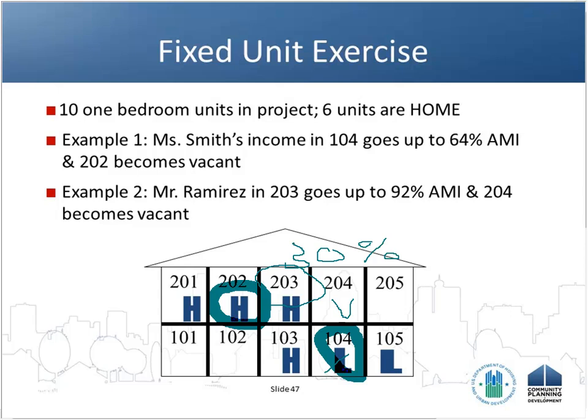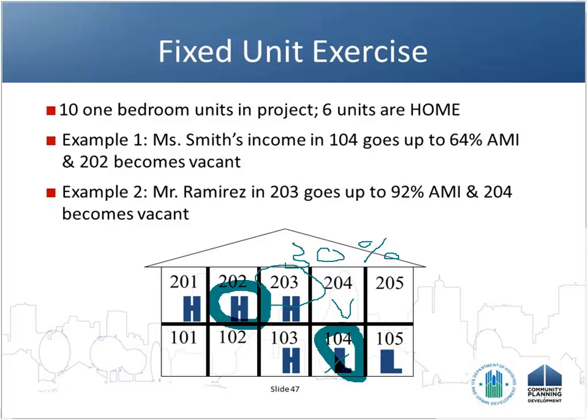So when the PJ is monitoring this project and they are looking through your records, their rent and occupancy reports, and they're looking at when you have re-verified income and adjusted leases, they would be making sure that you took the appropriate action. So in the case of Ms. Smith, we would be looking to see that they re-rented 202 and designated that as a low home unit, and we're then able to redesignate Ms. Smith's unit as a high home and adjusted her rent.